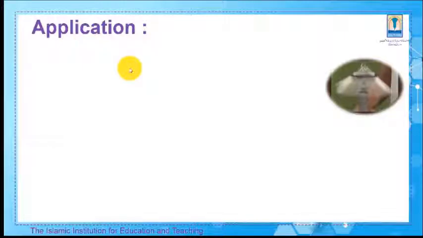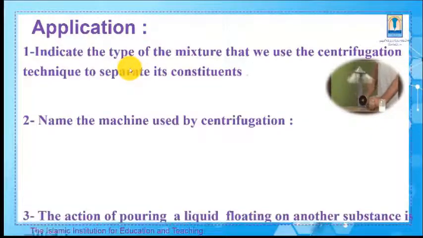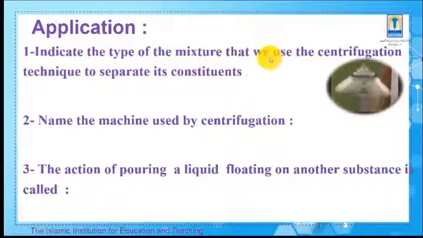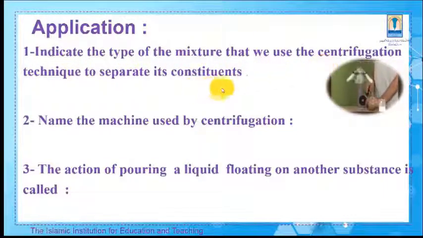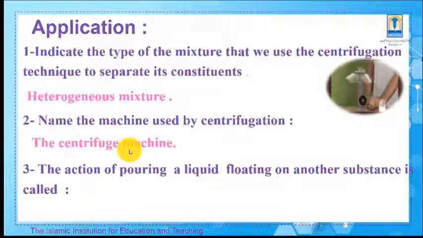Application. Please pause the video and try to solve it alone. 1. Indicate the type of the mixture that we use the centrifugation technique to separate its constituents. Heterogeneous mixture. Name the machine used in centrifugation. Centrifuge machine.